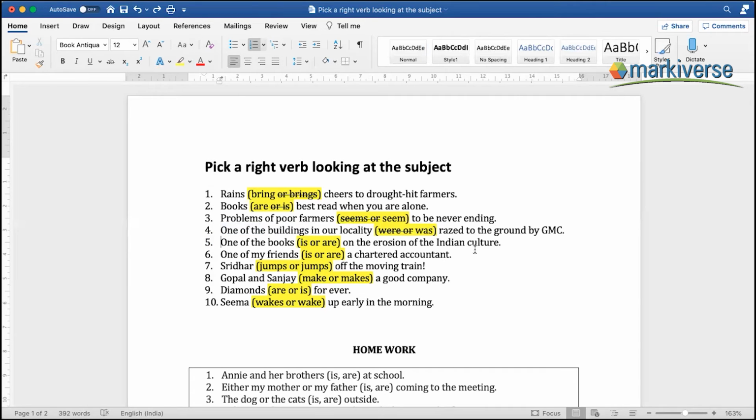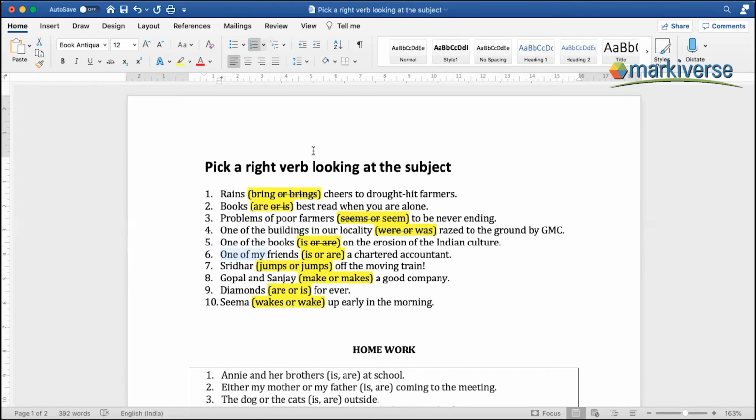Let's go to the next one, the fifth one. One of the books. I'm talking about one out of several books. Again, one is a singular subject, so I should use a singular verb. That's why I'm going to knock off are. So it is, one of the books is on the erosion of Indian culture.